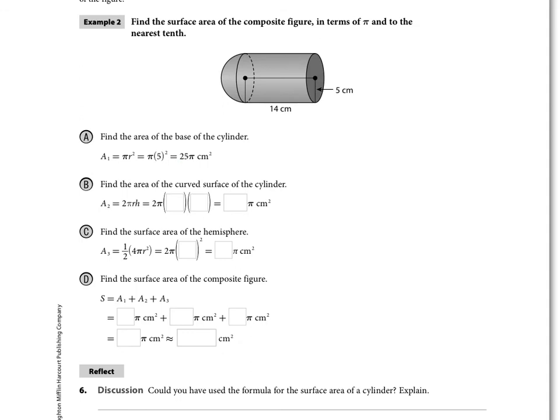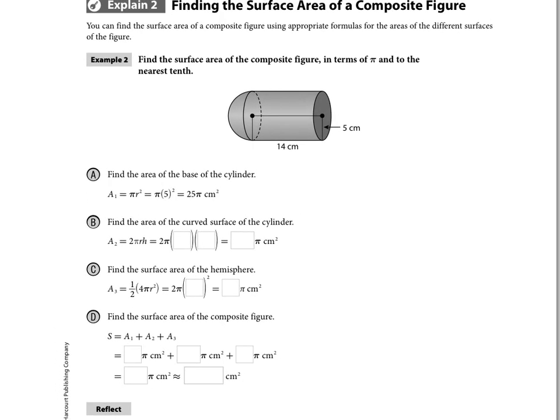so 25 pi. And notice the instructions here do say make sure that you are finding the answer both in terms of pi and to the nearest tenth. So keep the pi symbols in there as long as we can. So 25 pi is what we have to begin with. Then in part B, we're going to find the area of the curved surface of the cylinder. Well, you guys, the curved surface of the cylinder is otherwise known as the lateral area.